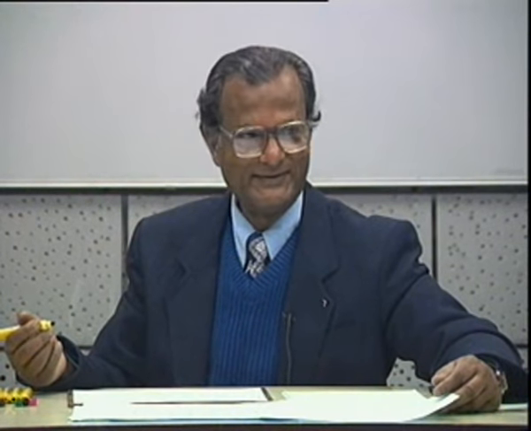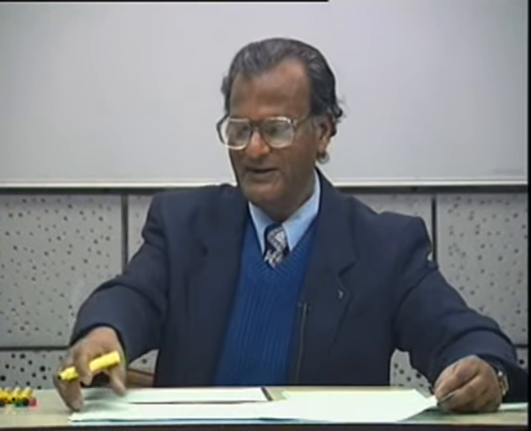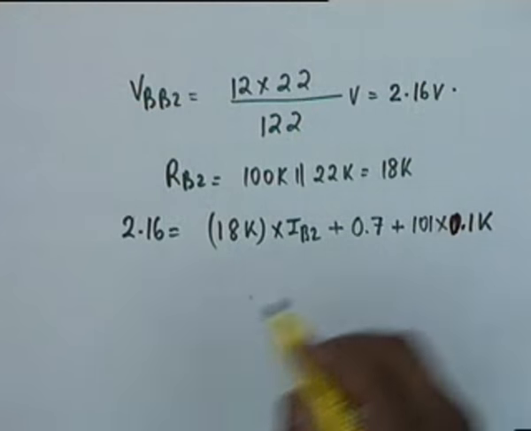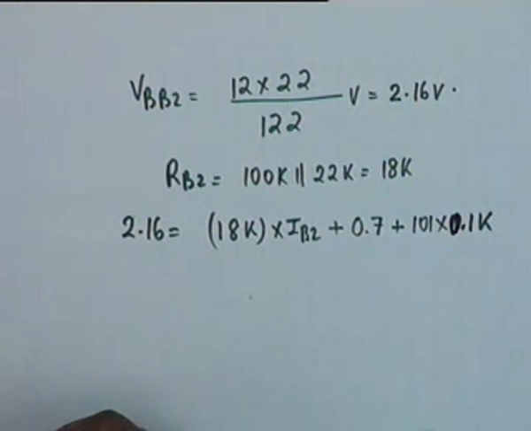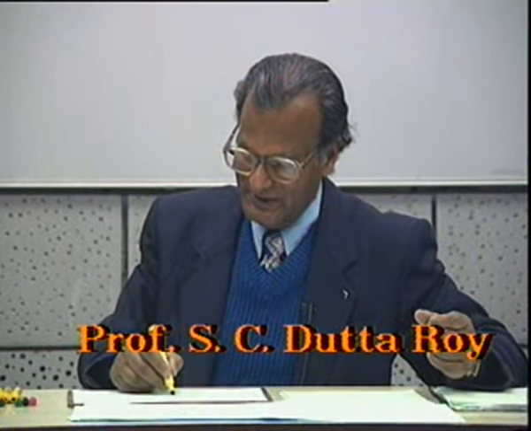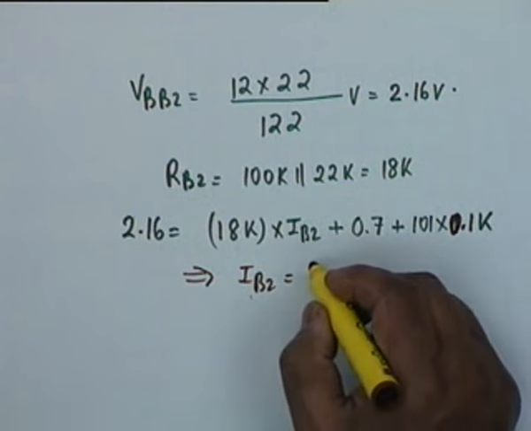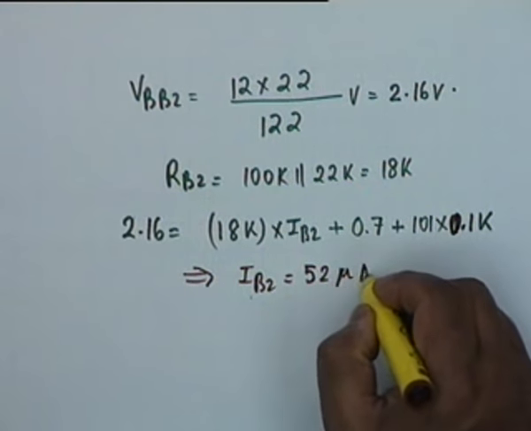Right? So how does 1K come into the picture? 1K is here. 0.1K. It cannot be 1K. It can be 1.1 where we are calculating VCE2. But this is 0.1. Simply that 100 ohms comes into the picture. Okay. And that gives me IB2 as equal to 52 microamps.